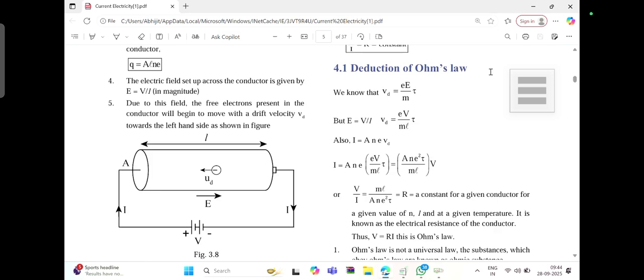I have already done the deduction of Ohm's law in the class.